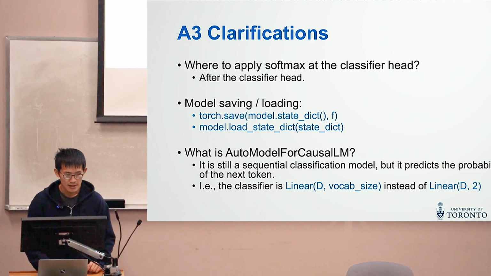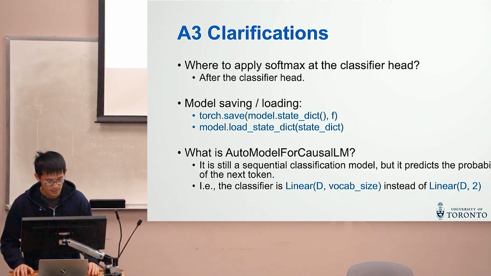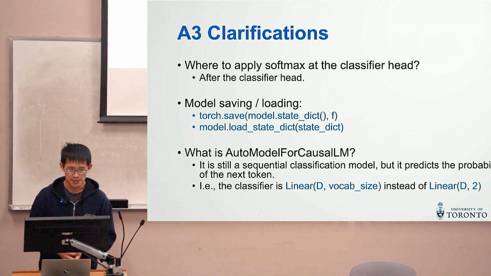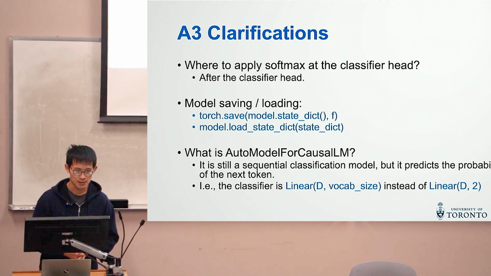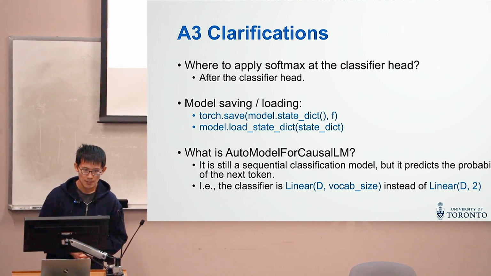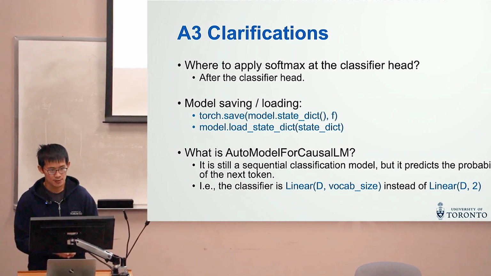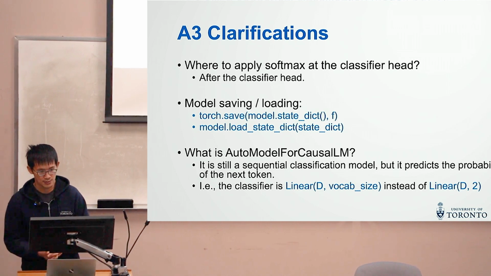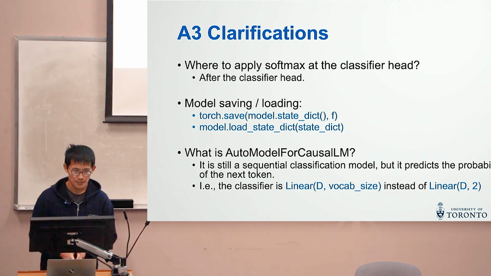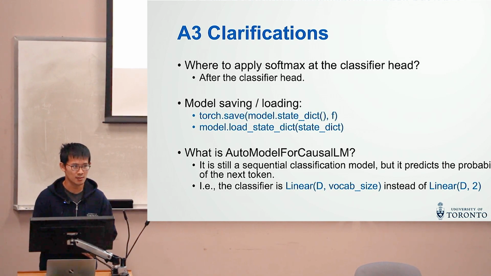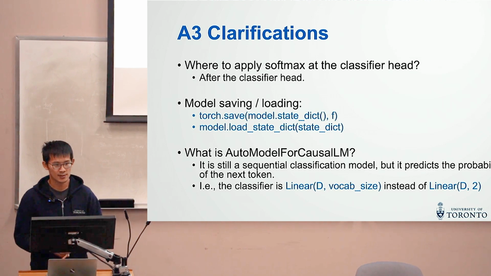As another follow-up discussion on Piazza, someone said that the output has another dimension, which is the sequence length. That is different from the auto model for sequence classification, because the classification head of the auto model for sequence classification only takes in the pooler output, which essentially is the output of the CLS token.